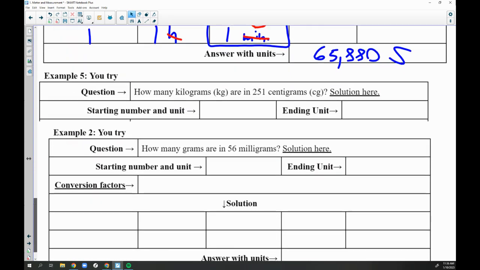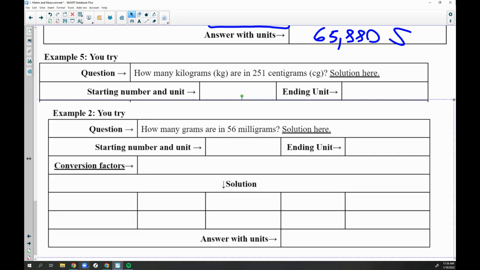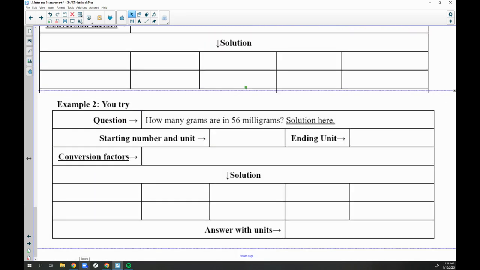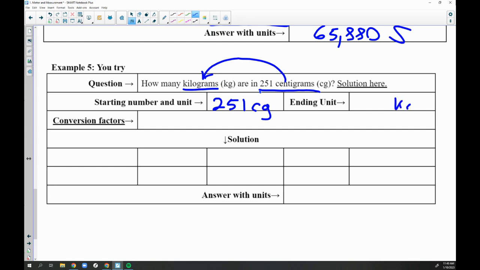It's the U try here. How many kilograms are in 251 centigrams? So you've been given 251 centigrams. That's our starting number in unit, and we're trying to convert to kilograms. CG is the abbreviation for centigrams, and we're trying to go to kilograms.